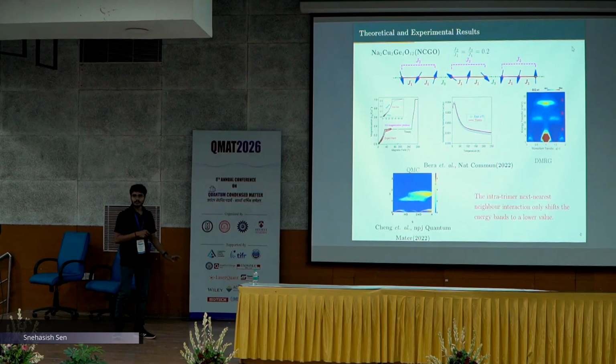This has been experimentally realized in NCGO, where the parameters are these. Some recent experiments have been done on this system, like INS experiments, as well as DMRG and QMC calculations, and some interesting results have been found, like the 1/3 magnetization plateau, spinon excitation, the higher energy doublet excitation, and quarton excitations as they call it.